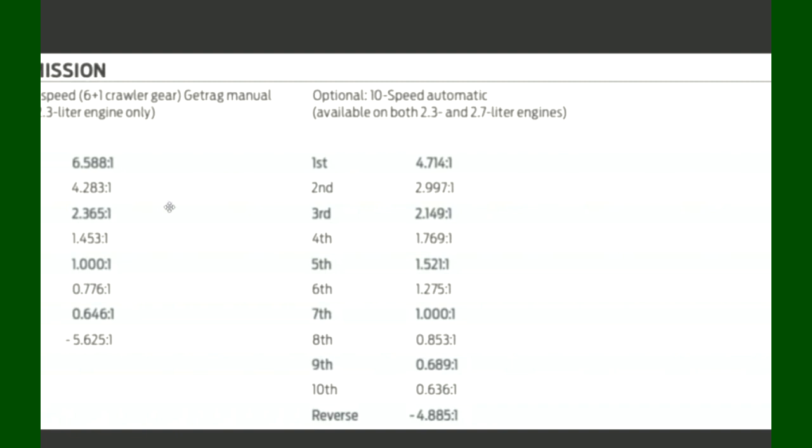It doesn't have the higher number, which means that the engine is turning 6.588 times for 1 revolution. So the tire is going to turn 1 revolution, and this is going to help it to climb the steep inclines.